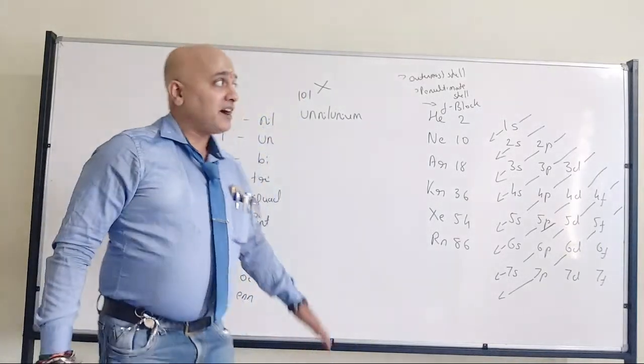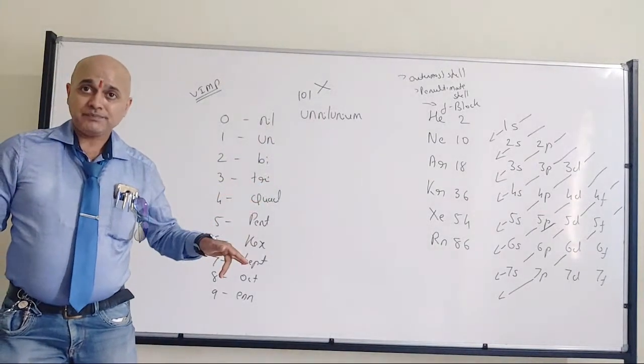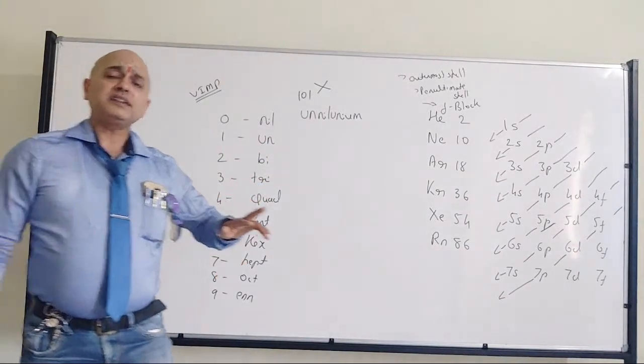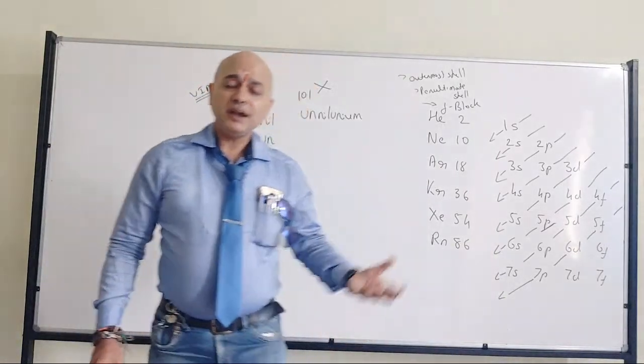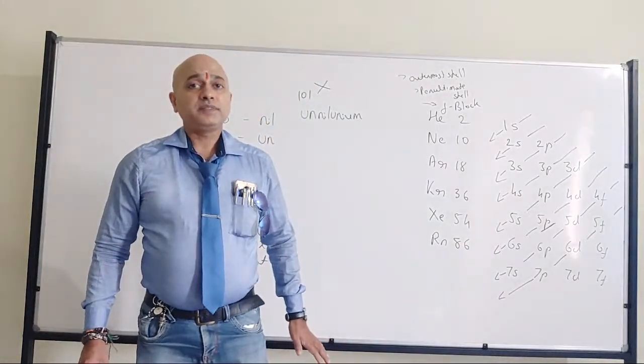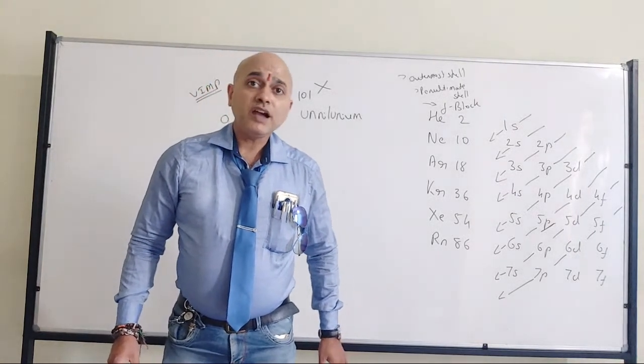So that's where we have un-nil-unium as the IUPAC name. Along with that, Mendelevium, that is also fine. But un-nil-unium you should write. All of you have understood?